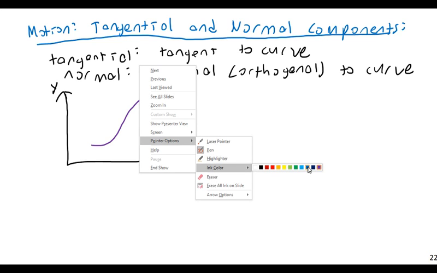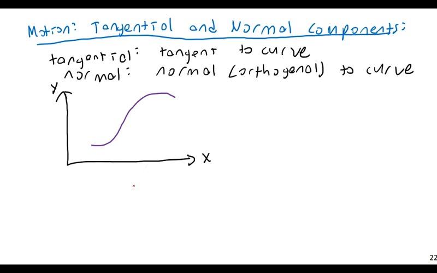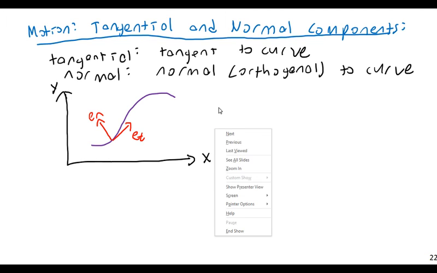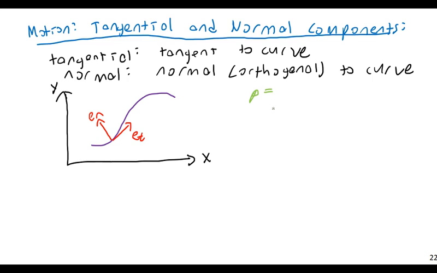I'm going to use e here: ET for tangential, and EN for normal. Rho, another thing I need to define, is the instantaneous radius of curvature.